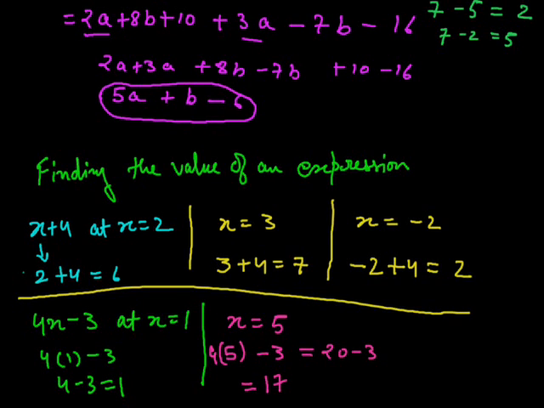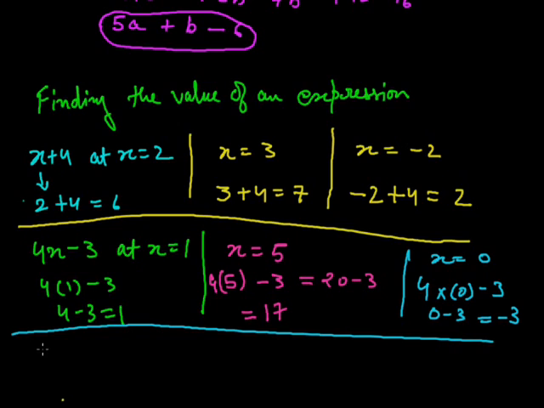Again I have to find the value of this expression at x equals 0. Then 4 into 0, that is, at the place of x I have written 0, minus 3. So 4 into 0 will be 0 minus 3, and the answer will be minus 3.